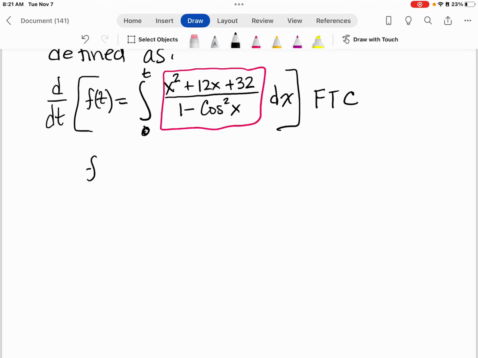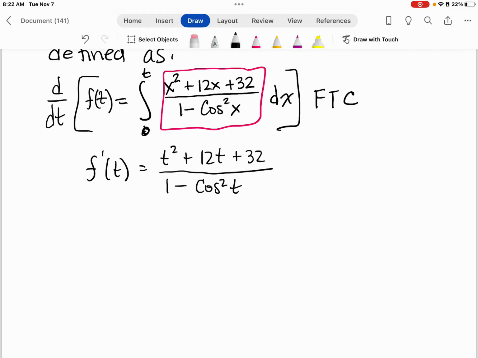So when I take the derivative of f of t, that gives me this. Then, using the fundamental theorem of calculus, we'll get (t squared plus 12t plus 32) all over (1 minus cosine squared t).